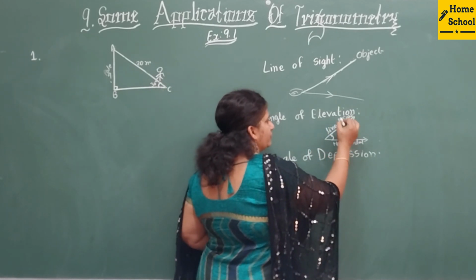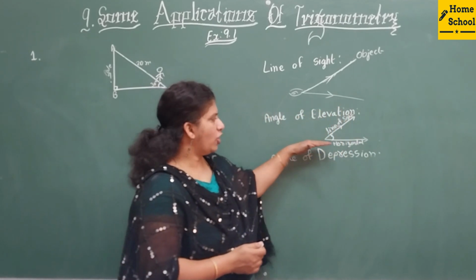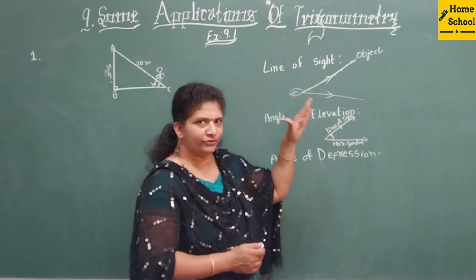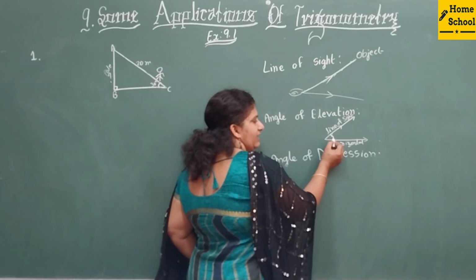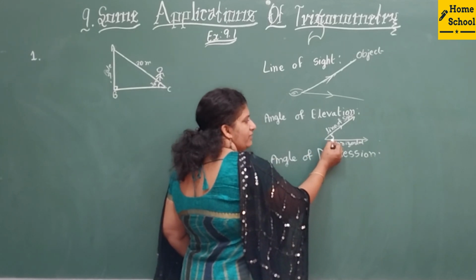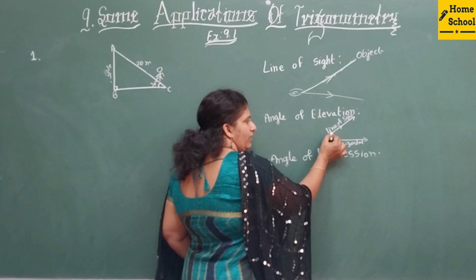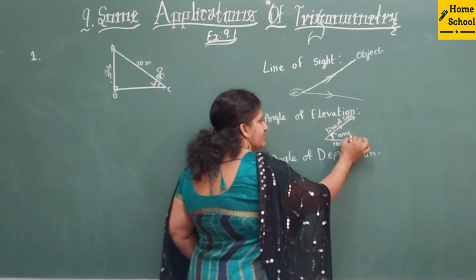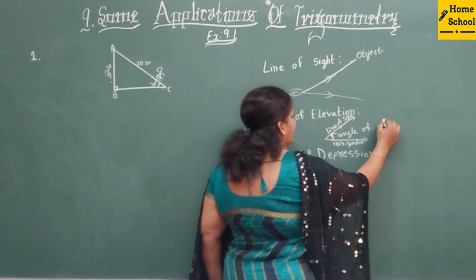Observe here the arrow mark, how I am giving it, from the ground level to the line of sight. This angle so formed is called the angle of elevation.